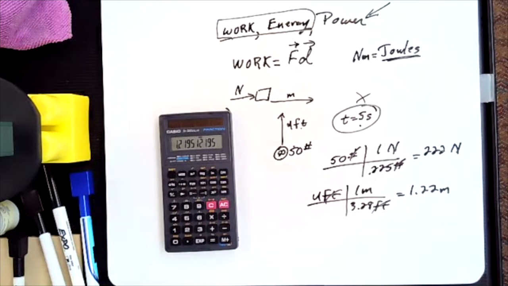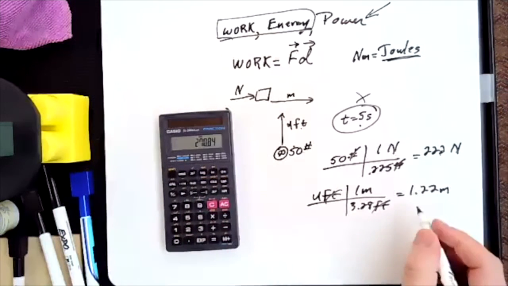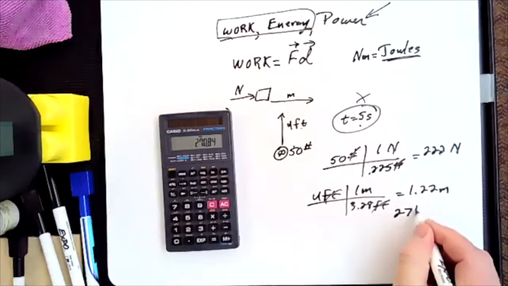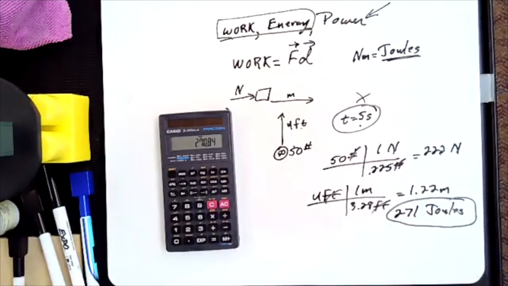Okay, so the major part of this problem is, convert everything into the right units first, right? And now to figure out the amount of work done, all we have to do is take force times displacement, right? Pretty easy. So 222 times 1.22, I get 271 joules of work.